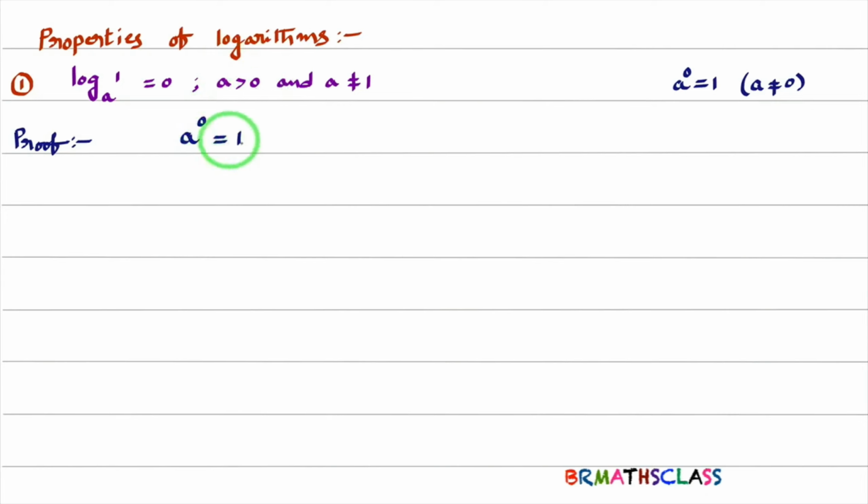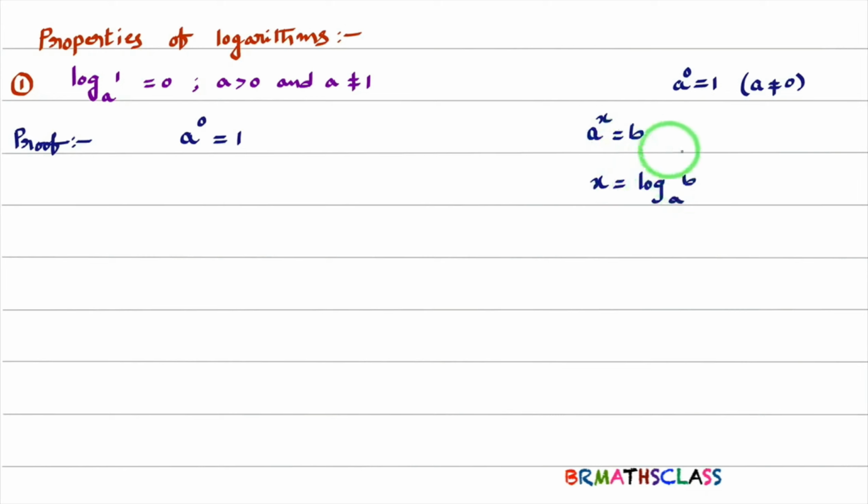So we know this result from the laws of indices: a power 0 equal to 1. From the definition of logarithm, in the last class we learned that whenever you see an expression of the form a power x equal to b, then x can be written as log b base a.